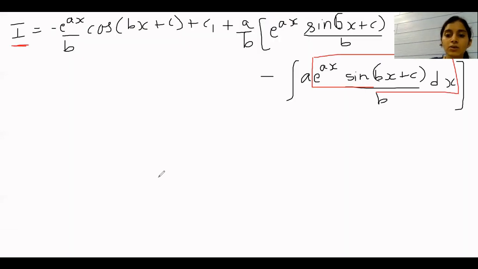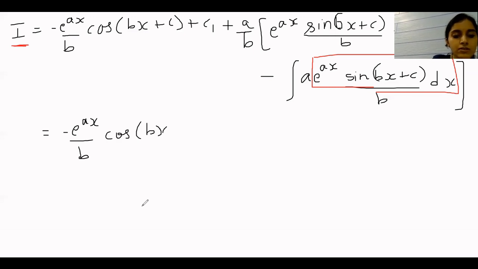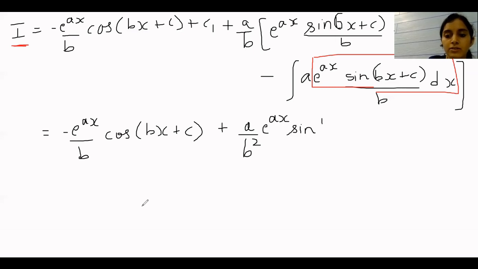So that is I. So what we'll do is, we are going to write that in the form of minus e raised to ax upon b cos of bx plus c, plus a upon b square e raised to ax sine of bx plus c, minus a square upon b square I. Now why a square?